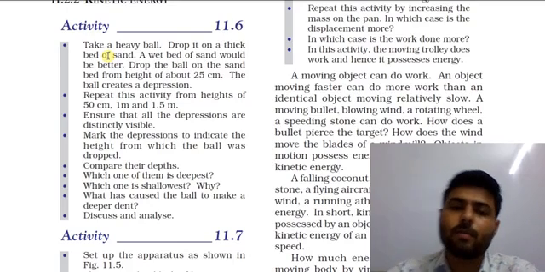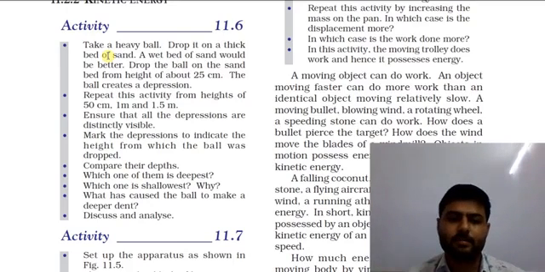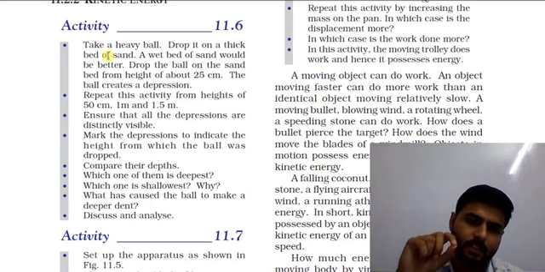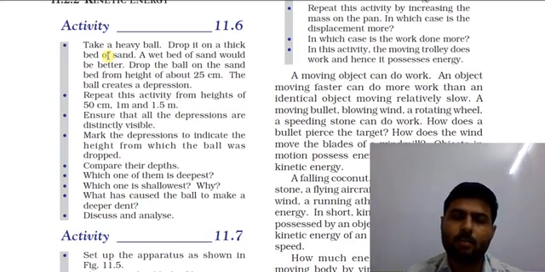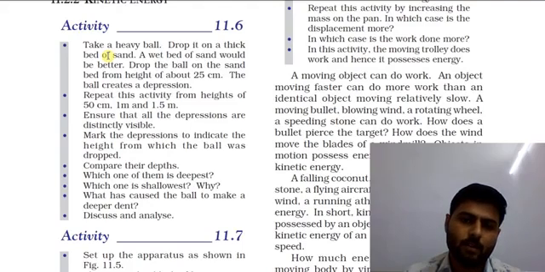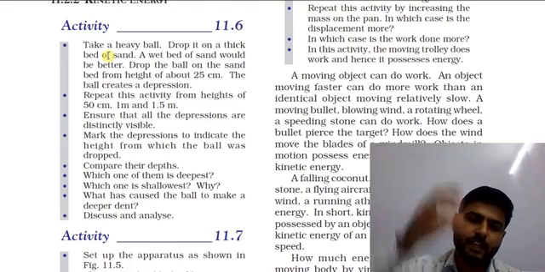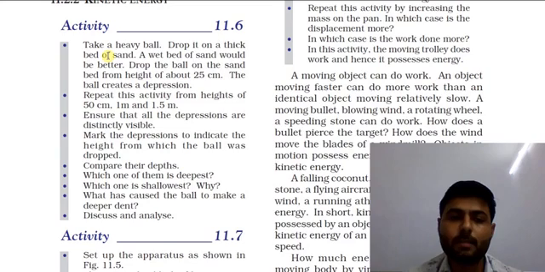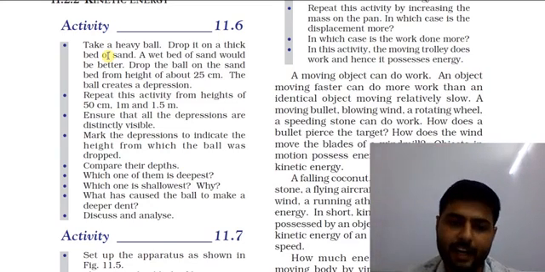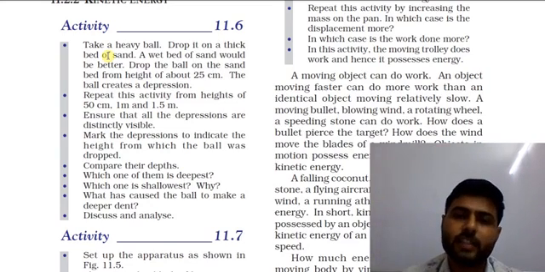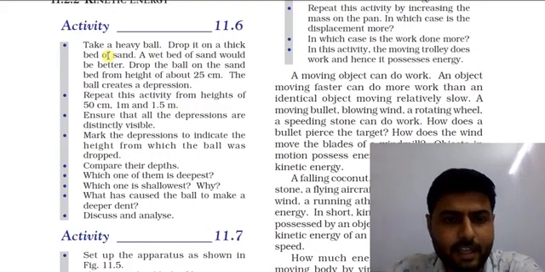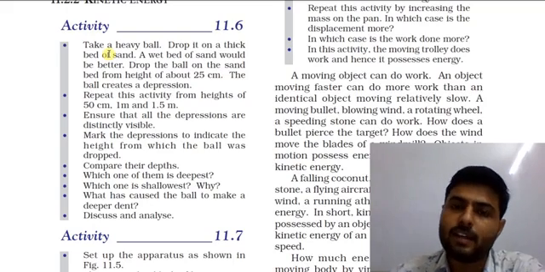Drop the ball from 25 centimeter height and measure the depression. Now release the ball from 50 centimeter height. Now release the ball from 1 meter height. Now release the ball from 1.5 meter height. In each case, measure the depression created by the ball in sand.